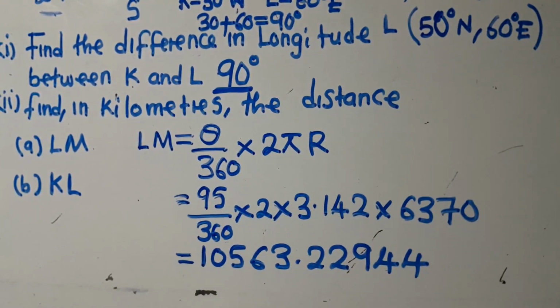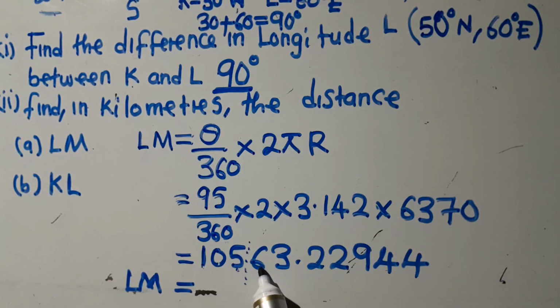You can write this answer where you are going to say, you know that this is LM like this. So you put this to 3 significant figures. So 3 significant figures, you start from here. 1, 2, 3. You are going to end here like this. So you get this number, you concentrate on this number.